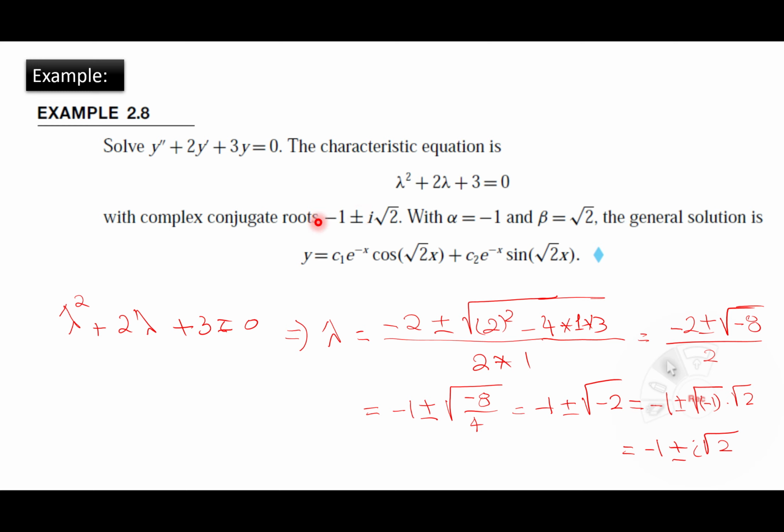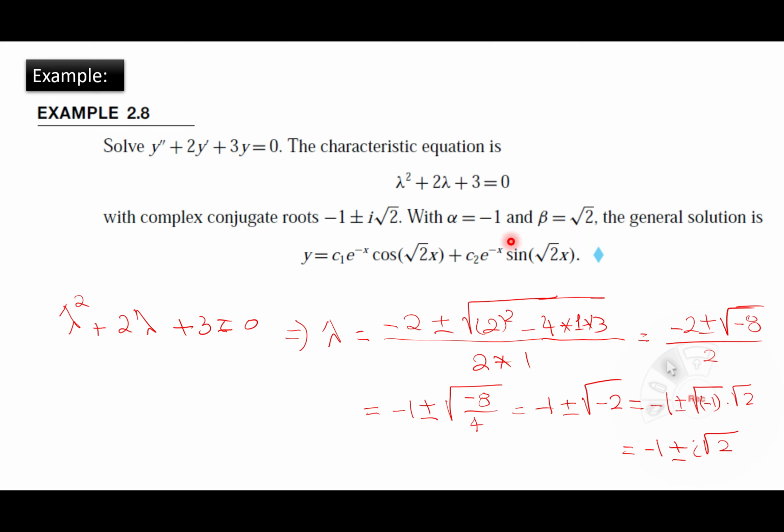So if you look at this, what is this? Exactly, this is alpha. So alpha is minus 1, plus or minus iota times beta, so beta equals the square root of 2.